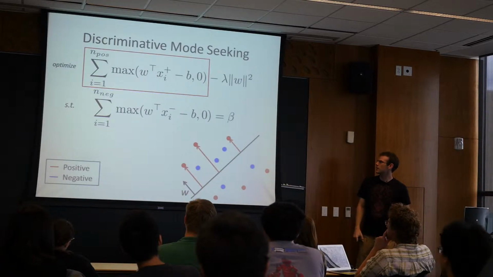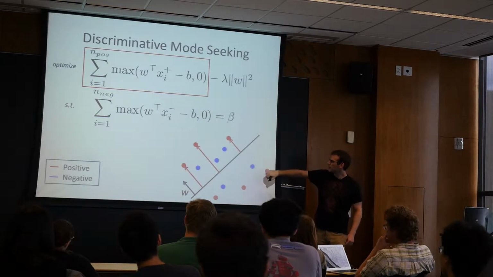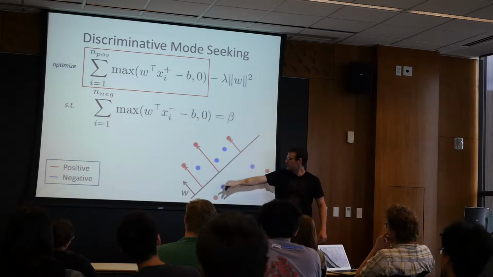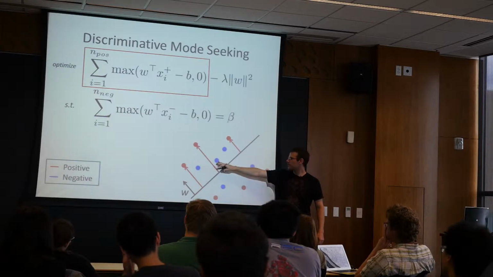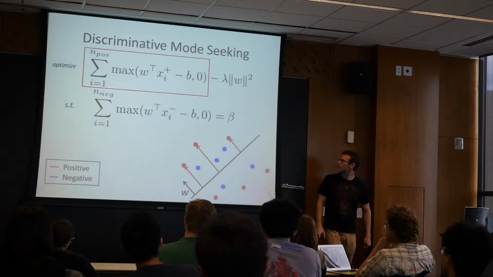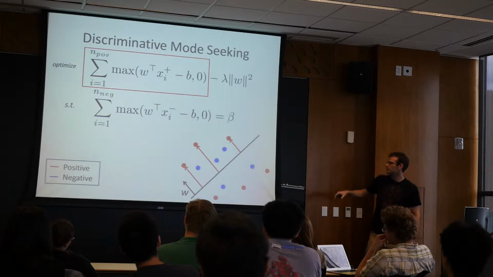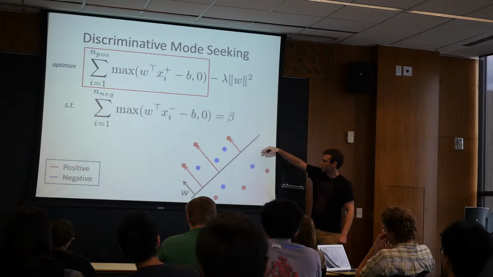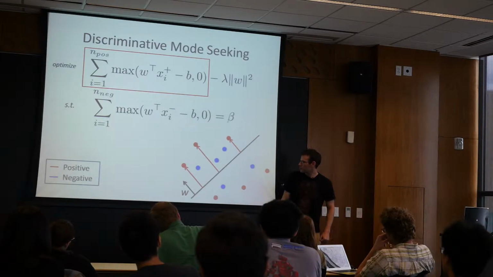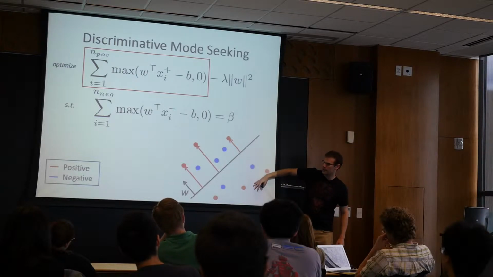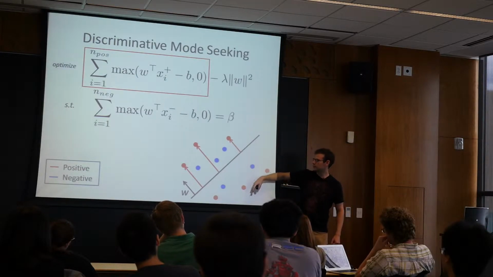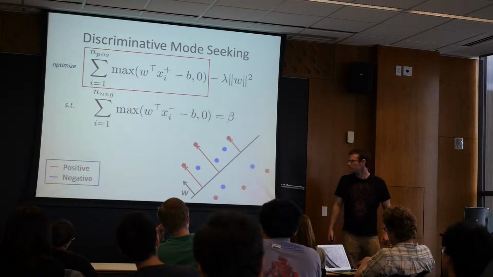Now for the positive data, we're again rewarding the sum of the distances between the positive data and the hyperplane. But here's where the big difference is between SVMs and us. We're only focusing on the things that are on the right side of the hyperplane, whereas the SVM would be putting a penalty on all of the positive data that's on the negative side of the hyperplane.